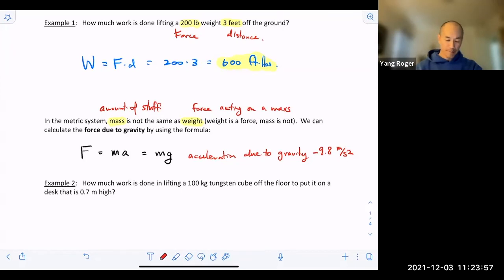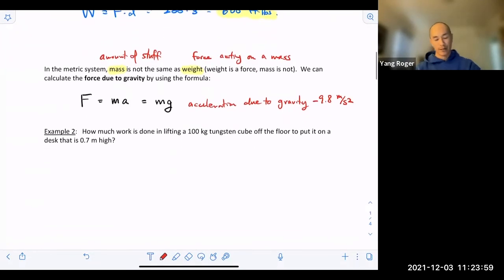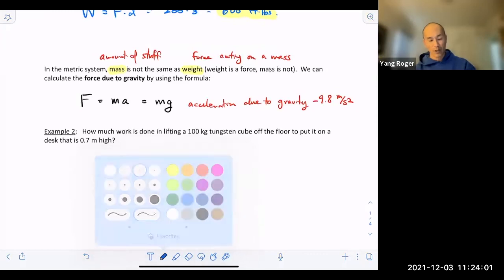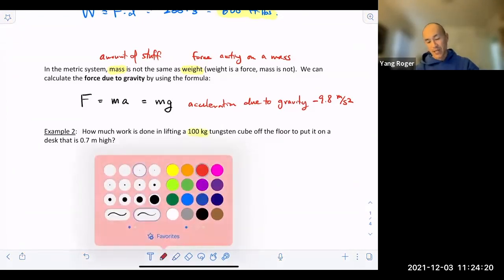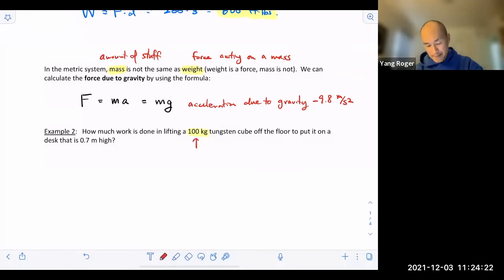So when we talk about how much work, let's look at an example. If we talk about how much work is done in lifting a 100 kilogram tungsten cube off the floor to put it on a desk that's 0.7 meters high. In this case, the kilograms lets me know that I'm in the metric system.